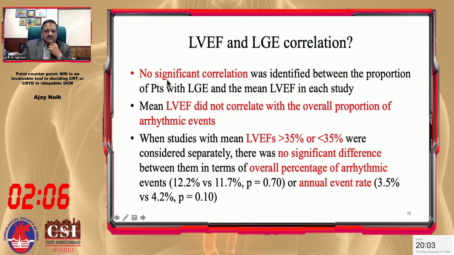In this analysis also it was found that there's no significant correlation between LGE and LVEF. LVEF did not correlate with overall proportion of arrhythmic events. And when studies with mean EF of more than 35 or less than 35 were considered separately, there's no significant difference between them in terms of overall percentage of arrhythmic events or annual event rate.